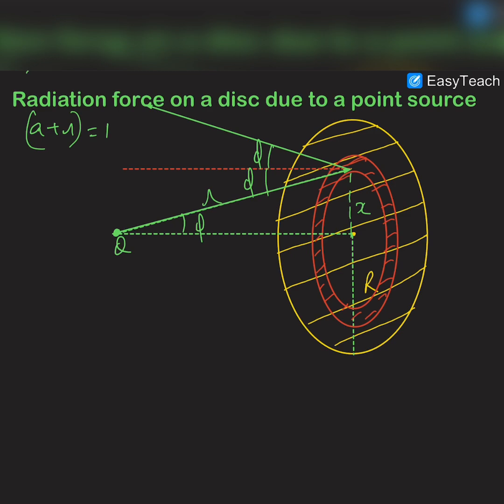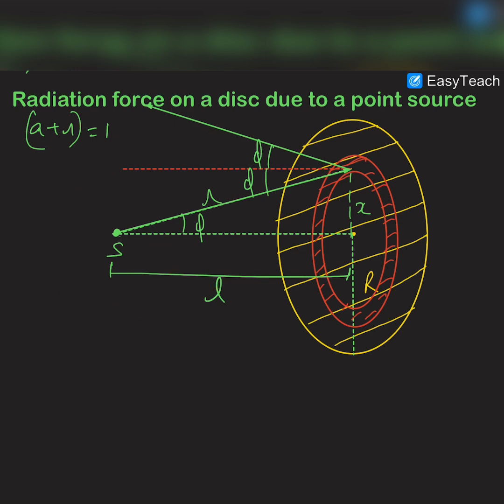In this video, we are going to discuss the radiation force on a disk due to a point source. Now, we have assumed that there is a point source S which is kept at a distance of, let's suppose, L from the center of the disk, and this source is emitting a spherical wavefront going away from the source.